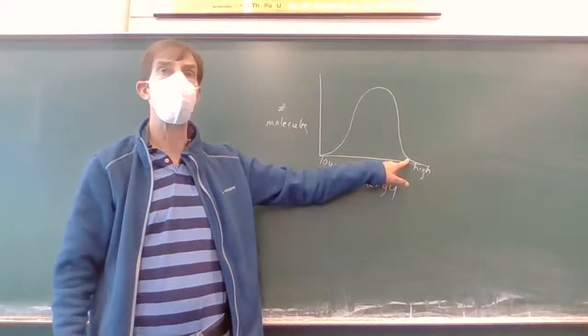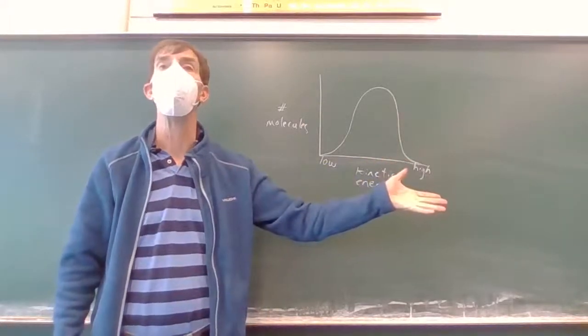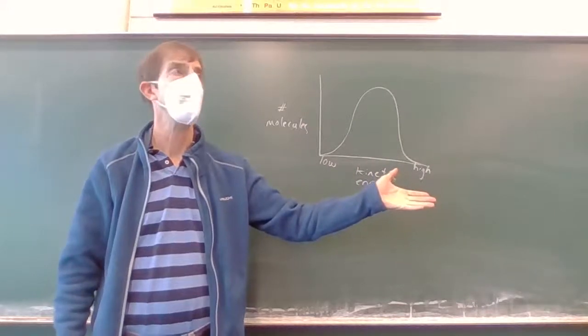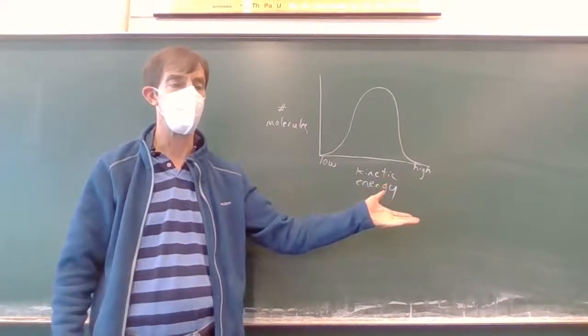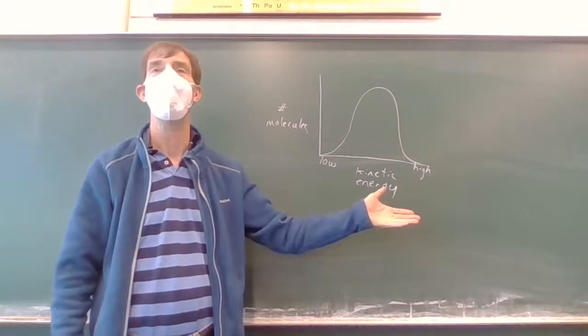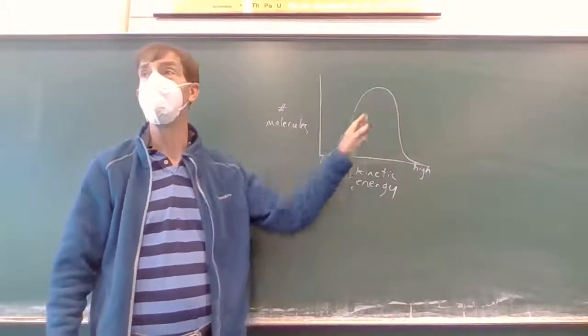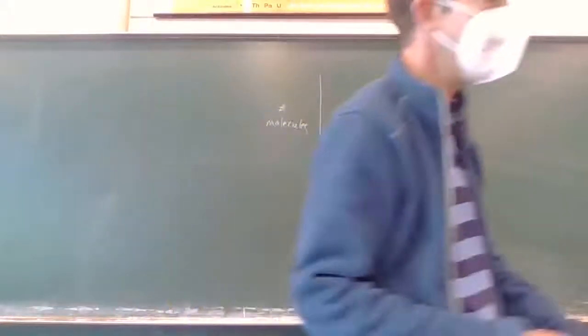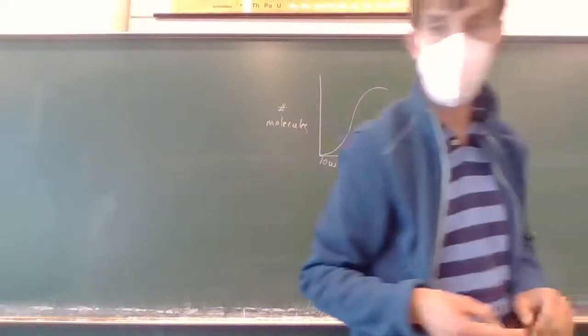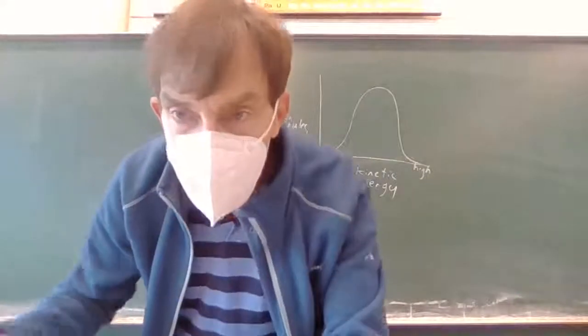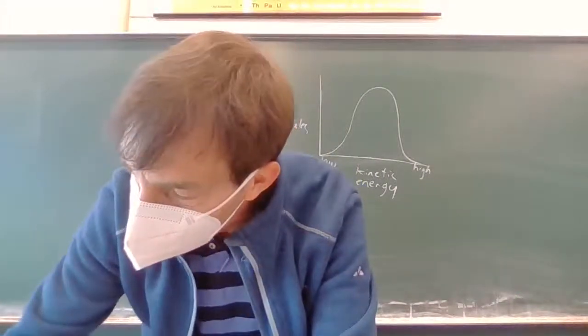So these guys are moving faster. Where are the ones moving slower? The ones moving slower. We're all in different seats and with masks on. Aaron? Bottom left. Bottom left. Good. So these guys are moving slower. So I got a lot moving in the middle. Okay. What if I... And Julius is there too. Good. Thank you, Julius.